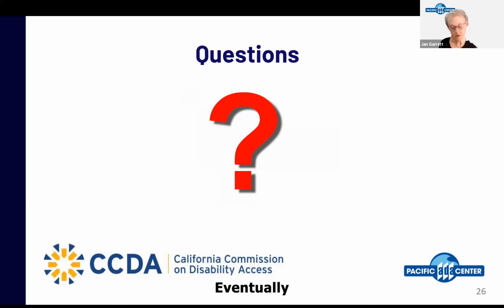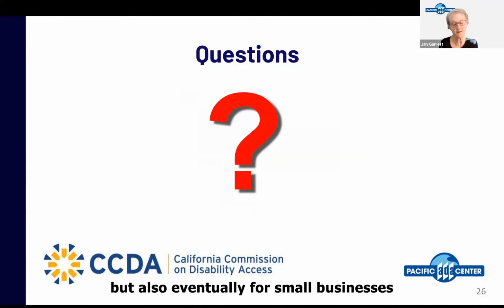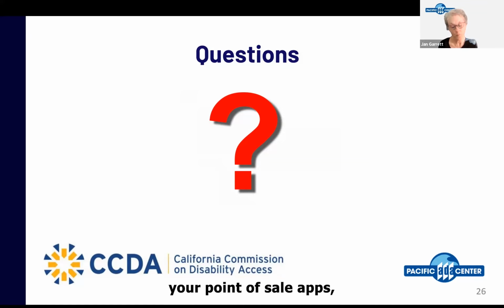And eventually there will be very specific regulations from the U.S. Justice Department for state and local governments at the federal level under the ADA, but also eventually for small businesses under the ADA. But right now, even when you look at the Department of Justice settlement agreements that have been reached, they say that for effective communication, you need to make sure that your website, your point of sale apps, all of those things are as accessible as you can make them, because the Justice Department under the ADA considers all of that to be effective communication.